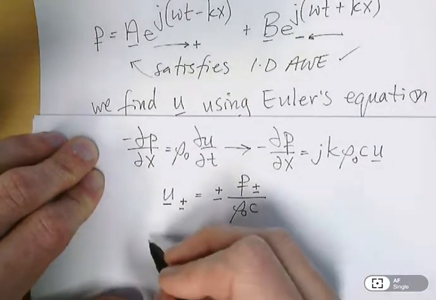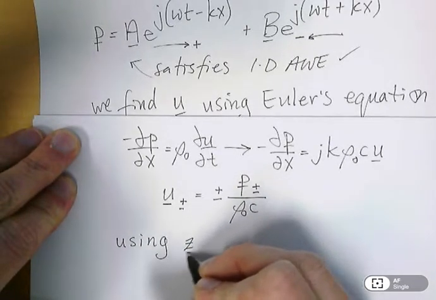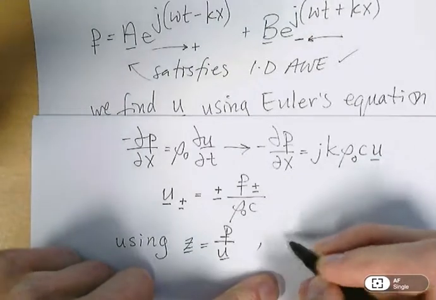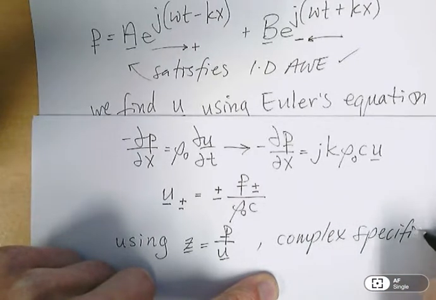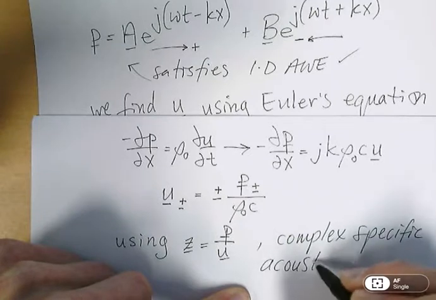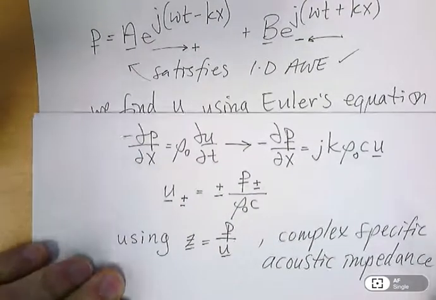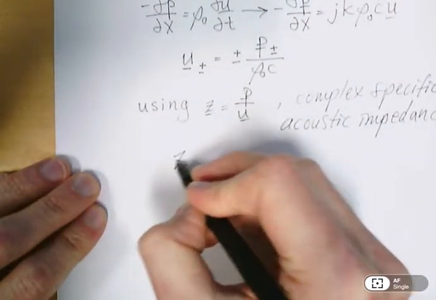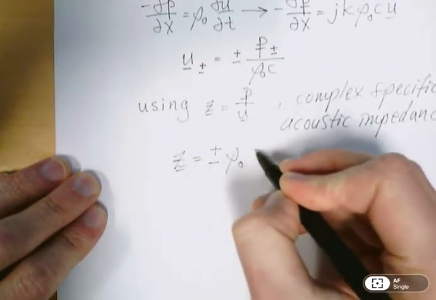And so, using an expression of the complex specific acoustic impedance as the pressure over the particle velocity, we found that based on the direction of wave travel, this leads to the result that the specific acoustic impedance is either plus or minus rho naught c, which depends on the direction of that plane wave travel.